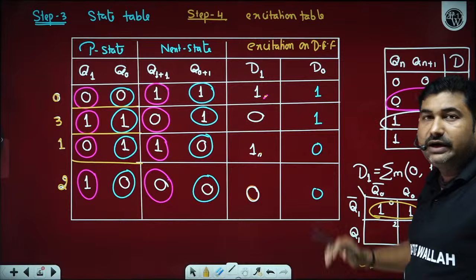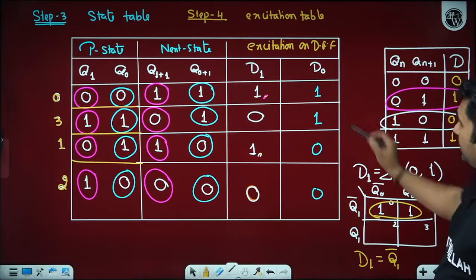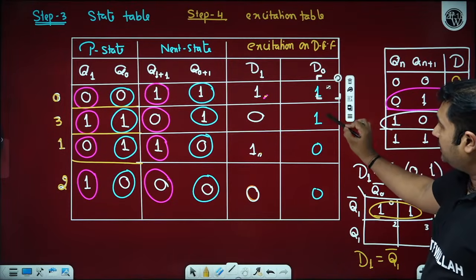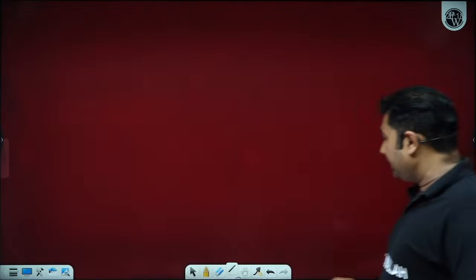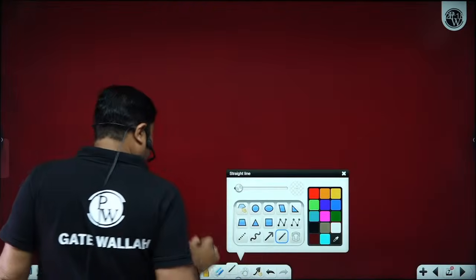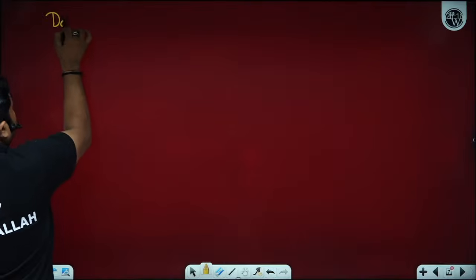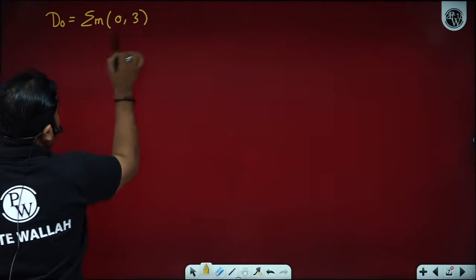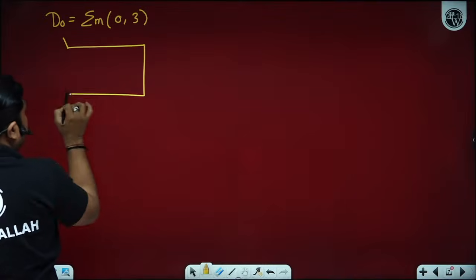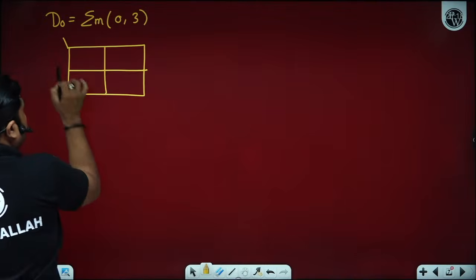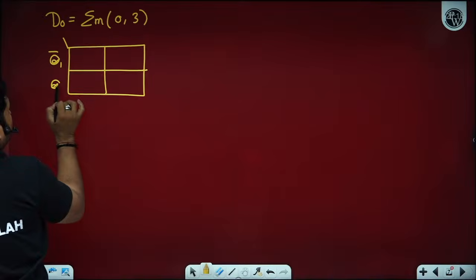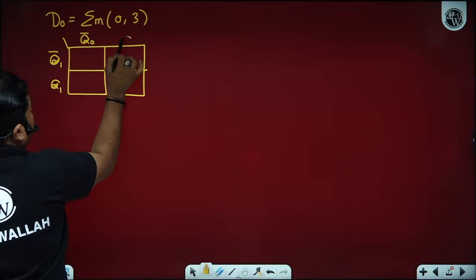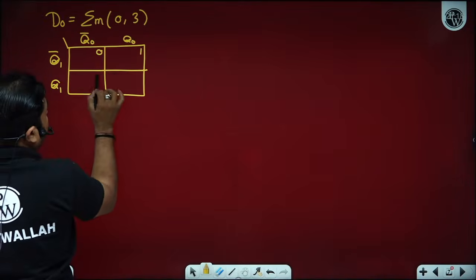Similarly, observe for D0. D0 we are getting high onto the binary condition of 0 and 3. So we can do the minimization. We have Q1 complement, Q1, Q0 complement, Q0, 0, 1, 2, 3.